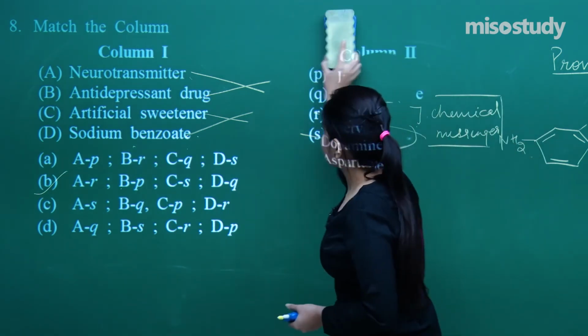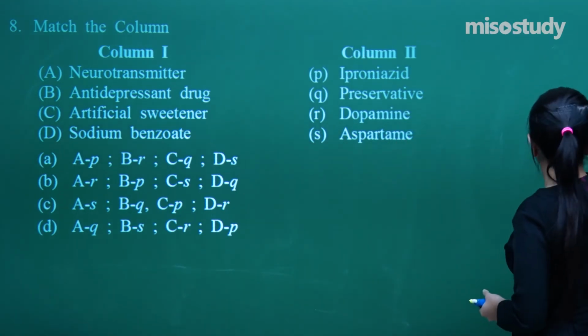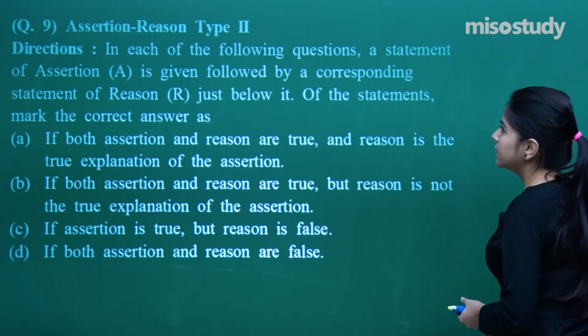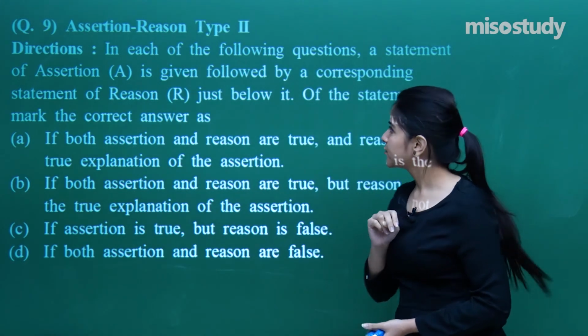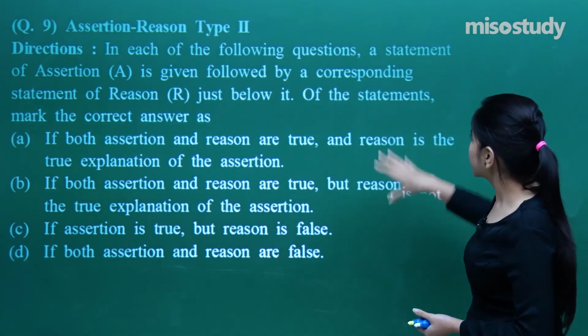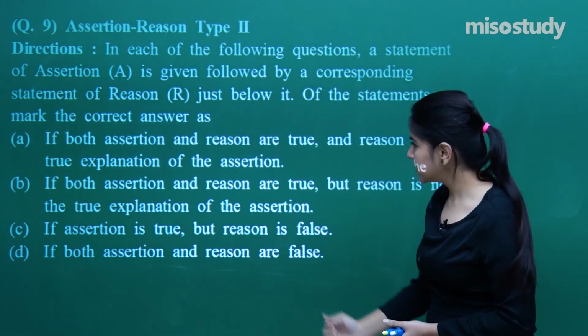Now, let's take up the second last question of this questionnaire. What is it? Assertion reason type question, type 2 I have got here. In each of the following questions, there will be an assertion and there will be a reason.